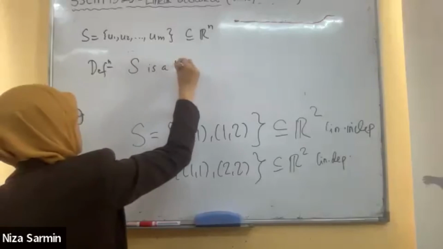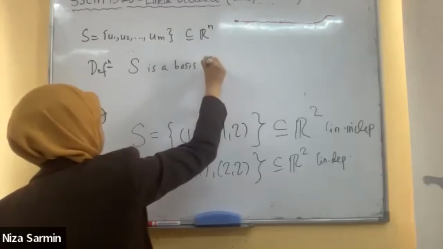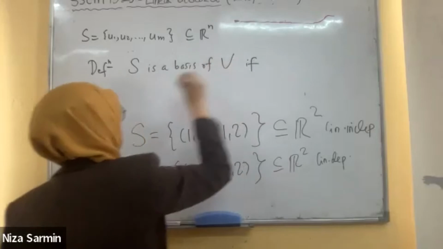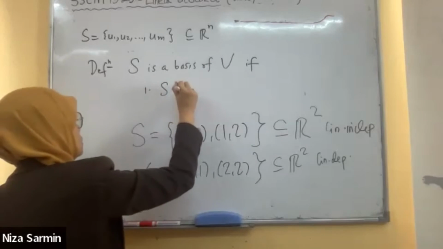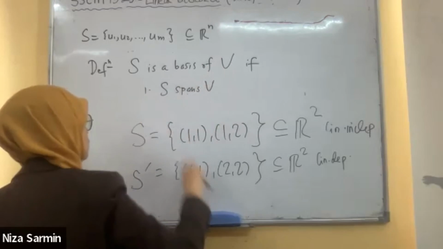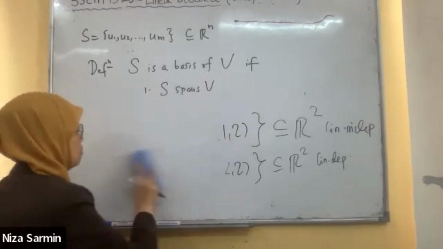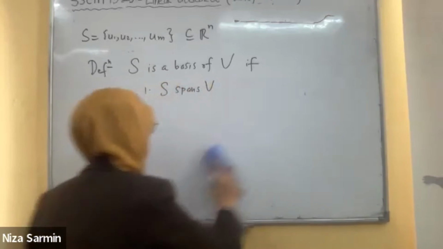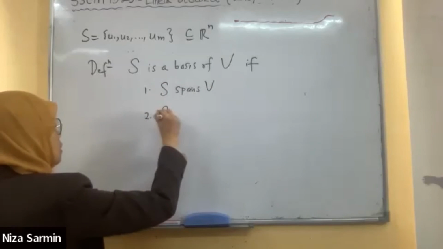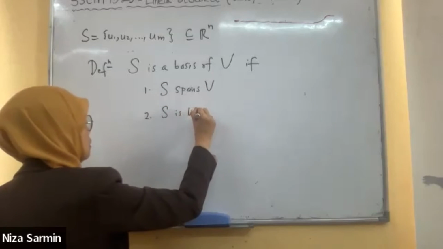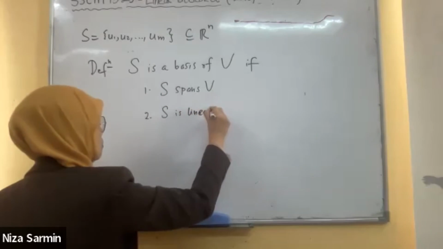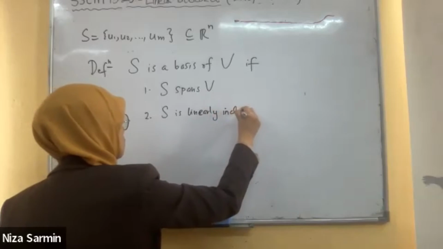S is a basis of V if S spans V and S is linearly independent.